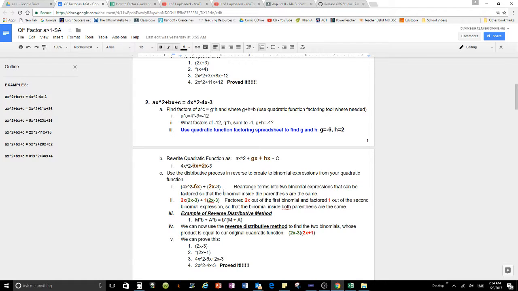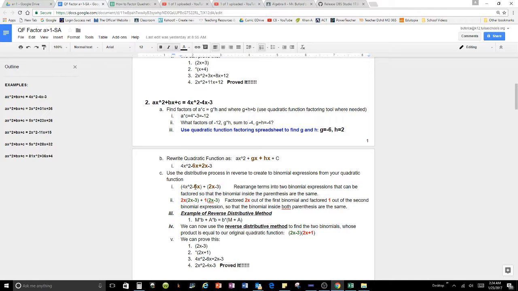And the reason I did that was because I saw that if we factored a 2x out of this term, it would give us the same term that this has over here. Again, you might have decided to say, hey, I want 6x to be grouped with the minus 3, and I want the 2x to be grouped with the 4x squared.